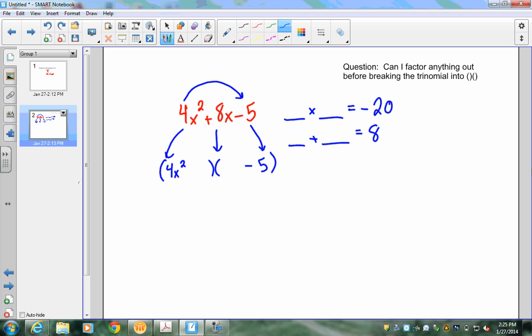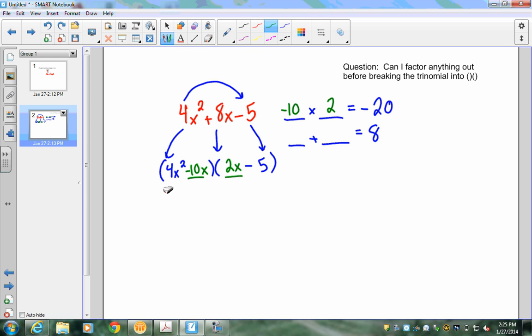Now I'm going to need my number combination. If you remember, my number combination goes right here. My number combination is going to be negative 10 and positive 2. So when I plug in my negative 10 and positive 2, I'm going to put negative 10x and 2x. Then I'm going to factor out each parenthesis.